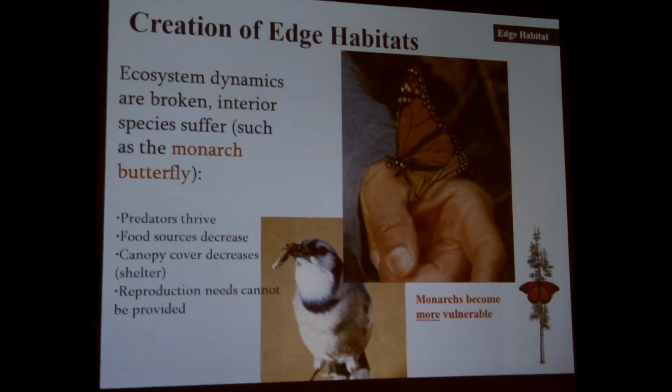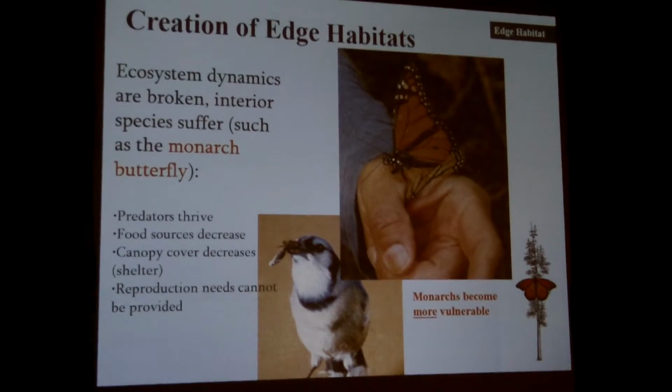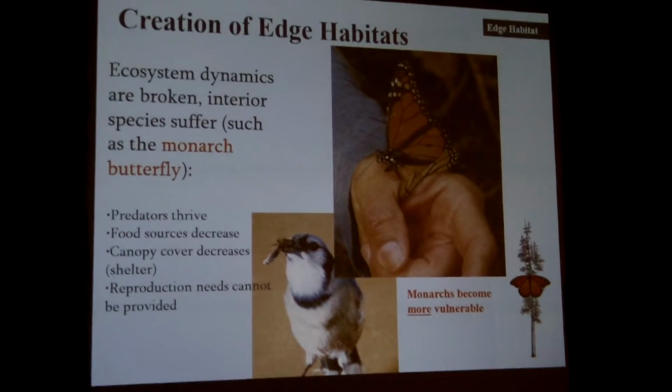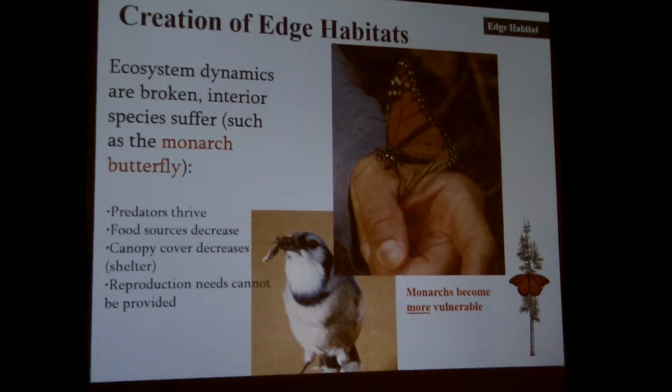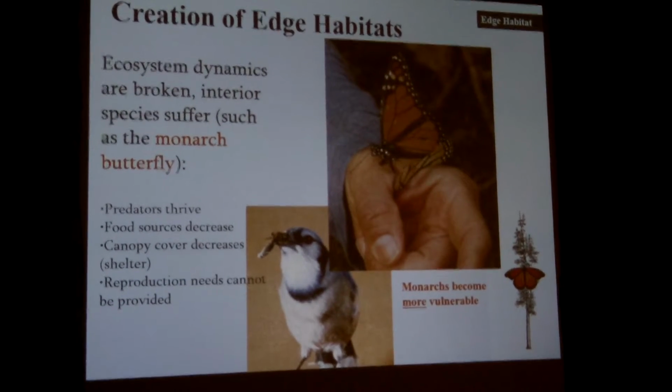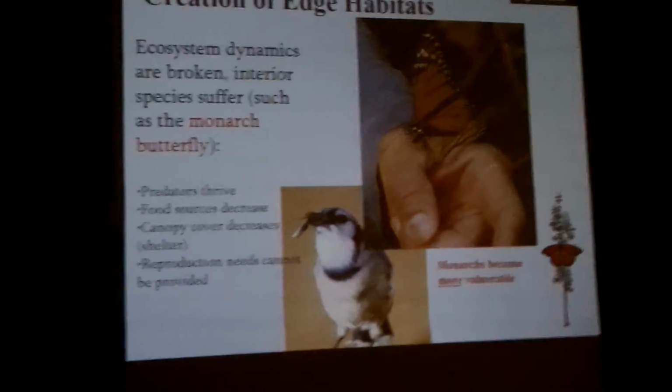But then, as I was saying, predators thrive, and also the food resources decrease for the monarchs, because somehow the understory is gone as well, especially nectar plants.